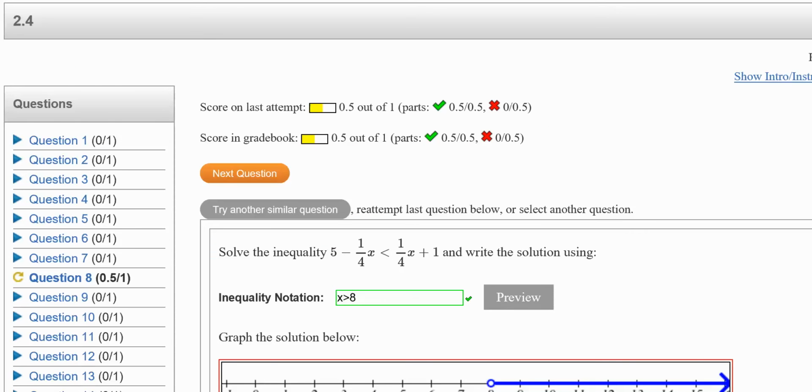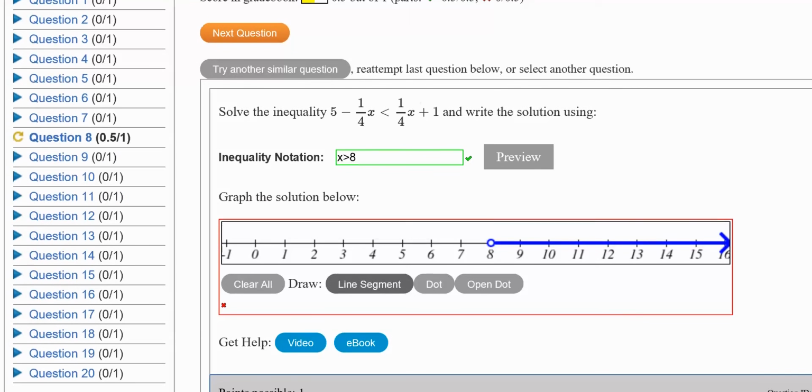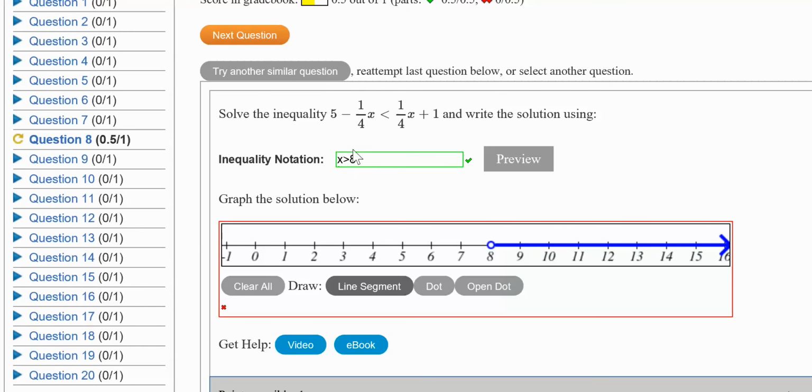Ooh, something is incorrect here. So going back over here, it says that this is just fine and dandy. X greater than 8, that is true. I got my answer correct. The graph is saying no, this is not correct. So clear. So open dot.